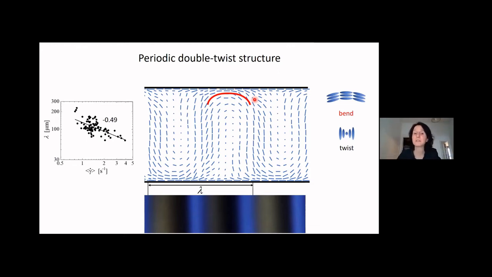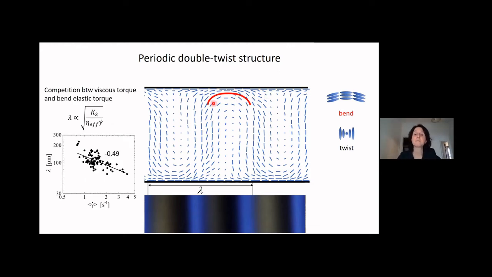So indeed, we can show that the period between these stripes is set by the competition between the viscous torque and the bend elastic torque, the more expensive type of deformation, which predicts a scaling as 1 over the square root of the shear rate, which is in fair agreement with the experimental data.